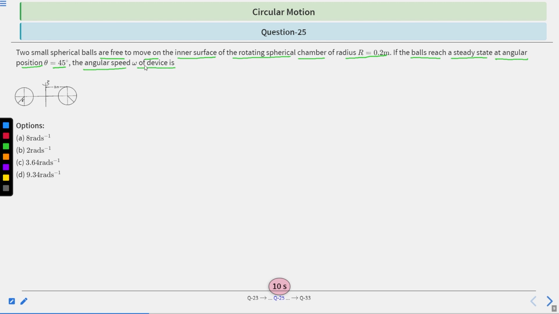So here the question asks about the angular speed. The given options are: A option is 8 radian per second, B option is 2 radian per second, C option is 3.64 radian per second, and D option is 9.34 radian per second. Which one is correct? You have 10 seconds to solve this question. After 10 seconds, we will provide the solution.